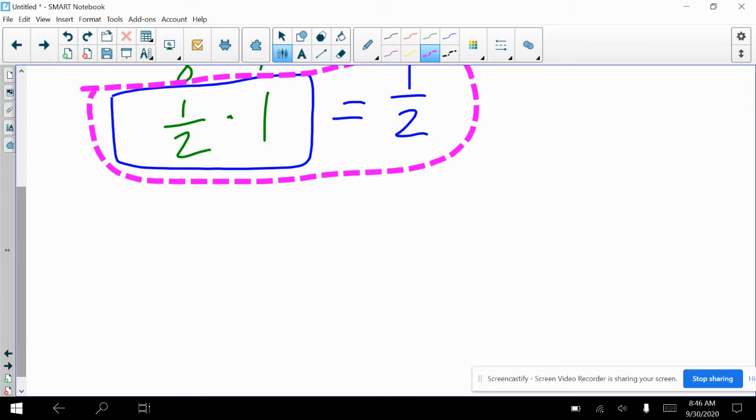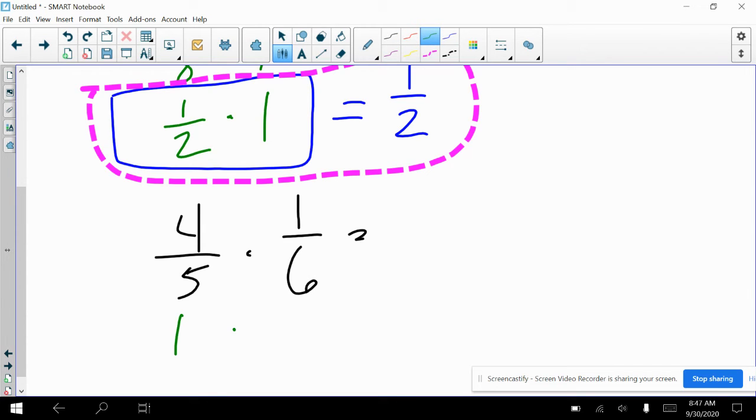All right, next one. Again, we're estimating to the nearest 0, half, or 1. 4/5. What's that closer to? 1. Correct. What about 1/6? 0.